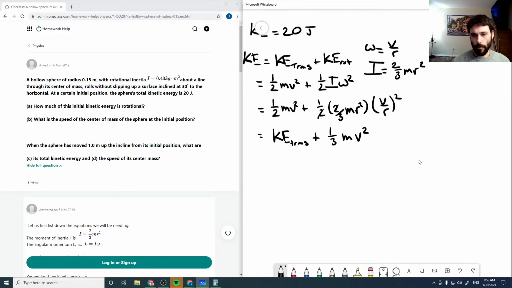So our rotational energy is 1/3 mv squared, which is equal to 2/3, sorry, nope. How did I do this here? Okay, I should have worked this through a better way here.